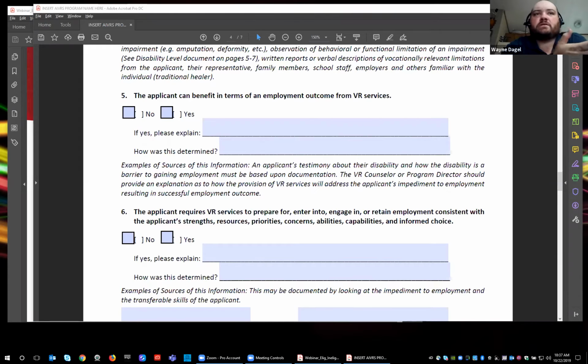Is it going to increase their quality of living? Is the disability creating a barrier to gaining that employment? So we start looking at all that and answer those questions.